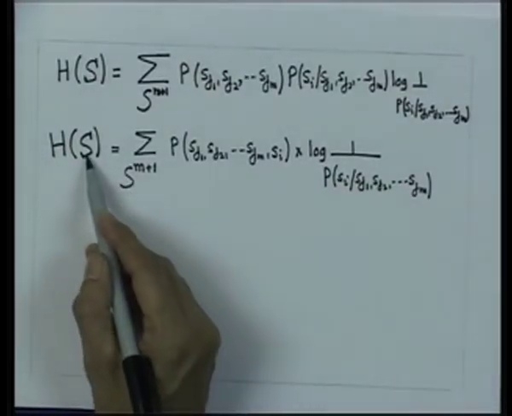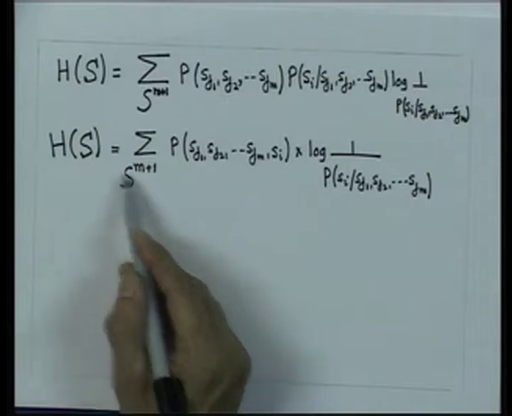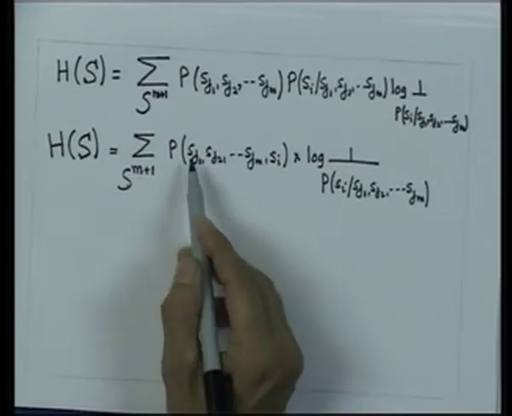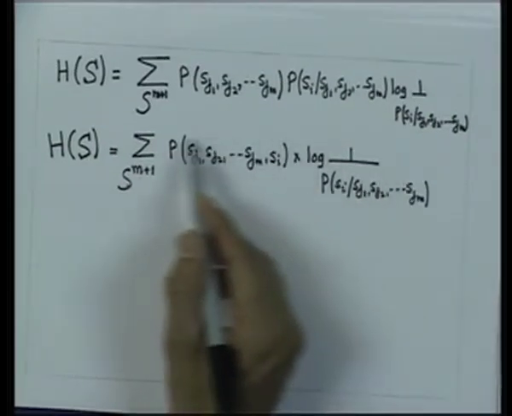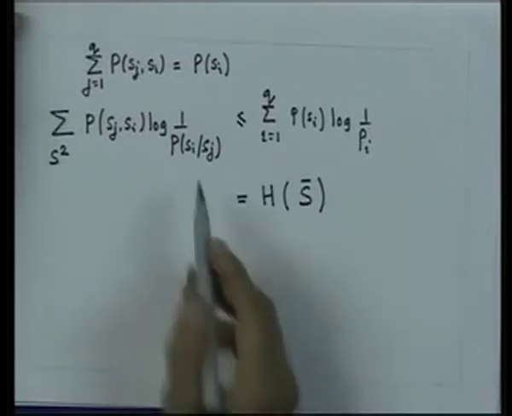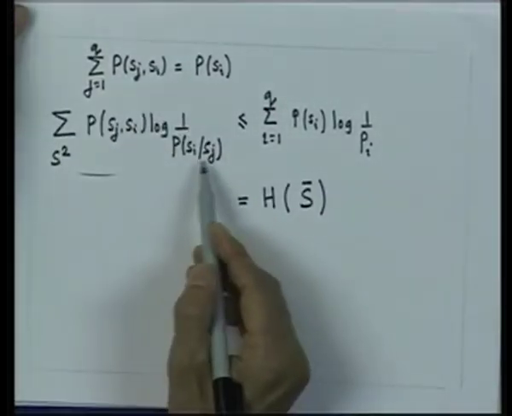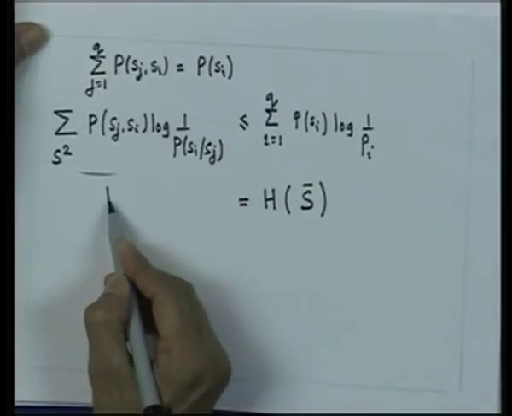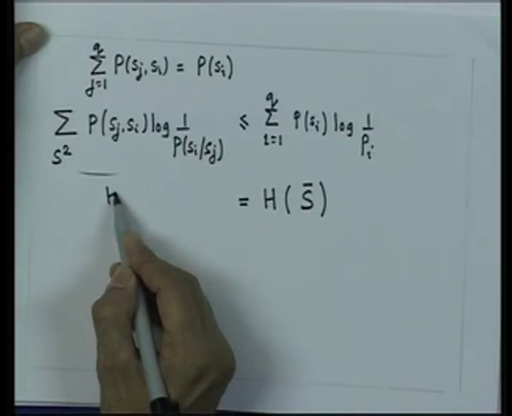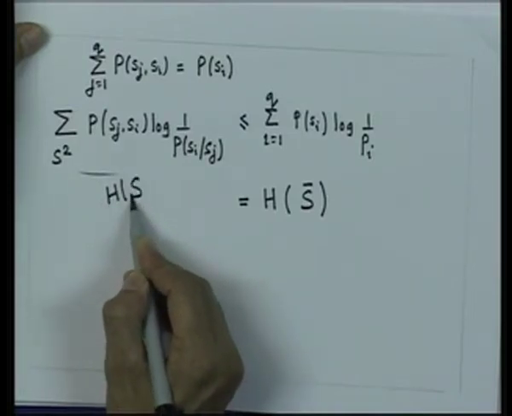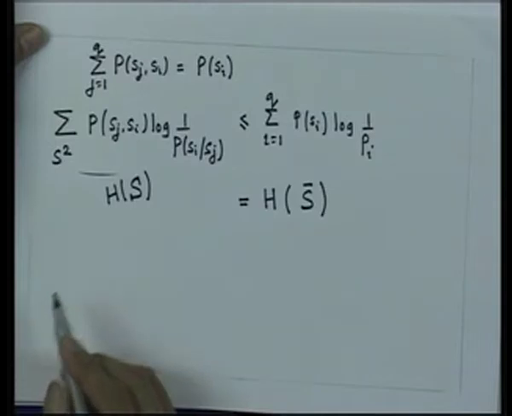In our case, the source is first order, so this expression simplifies to this expression, which is nothing but the entropy of the Markov source.